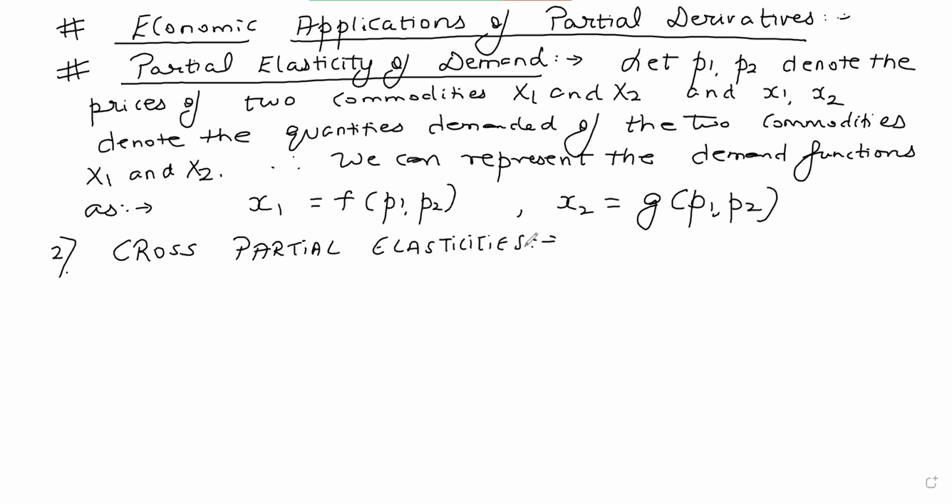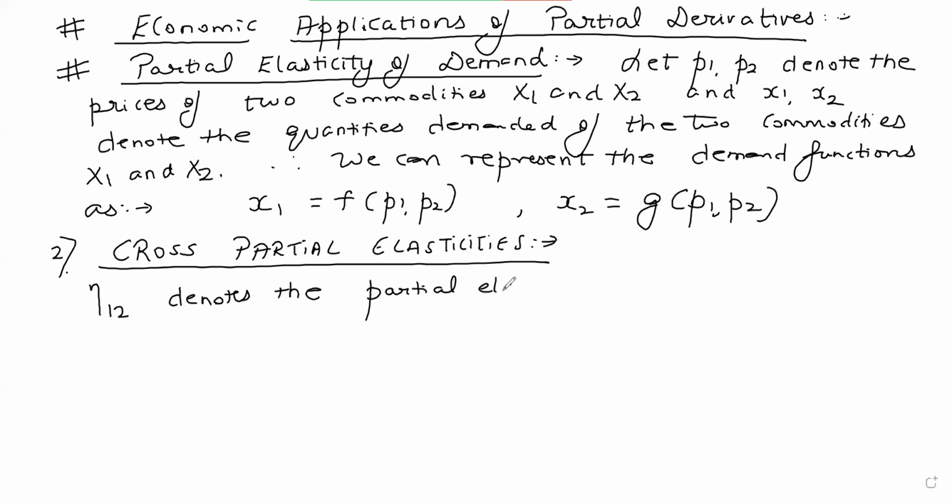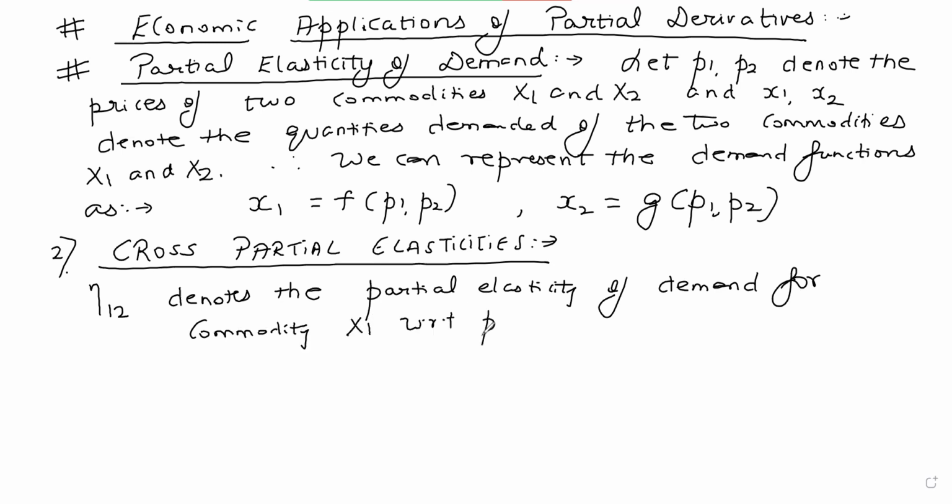I can write that eta 12 denotes the partial elasticity of demand for commodity X1 with respect to price P2.